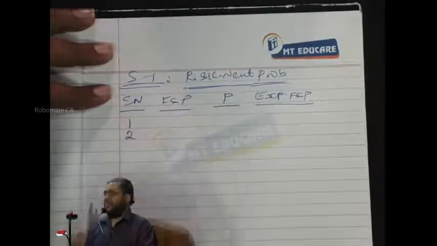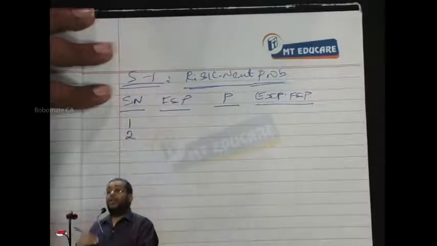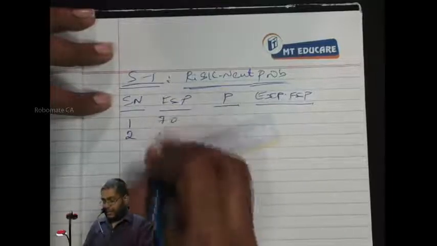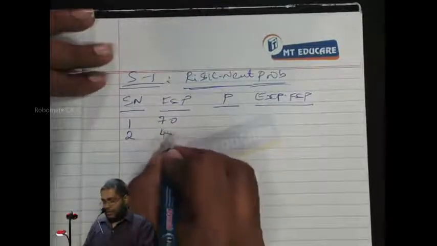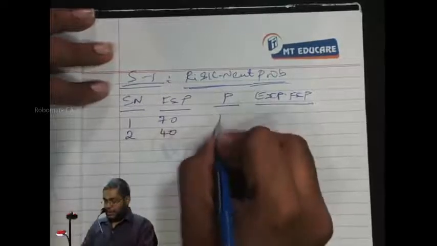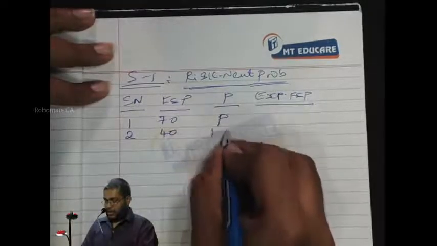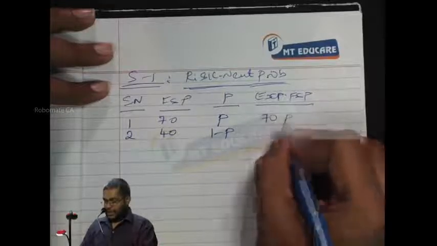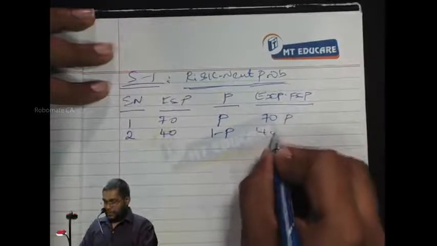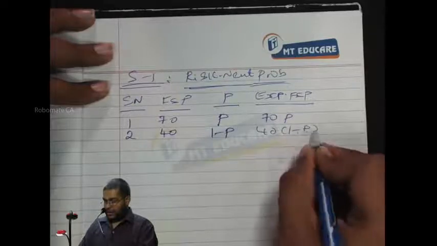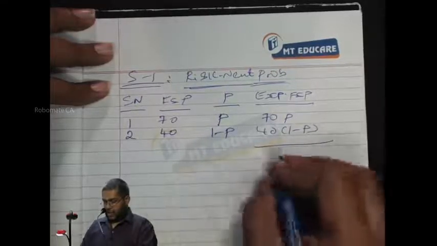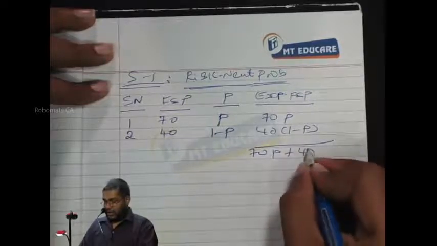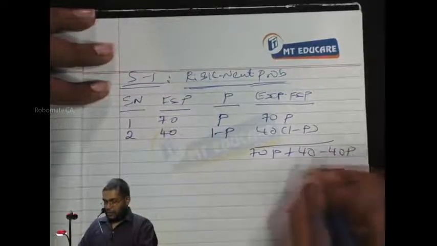Situation 1, situation 2. Write always the upper one first. What is the upper FSP? 70. And the downward FSP here is 40. Probability P, probability 1 minus P. The expected FSP is 70P plus 40 into 1 minus P. If I total, I get 70P plus 40 minus 40P.